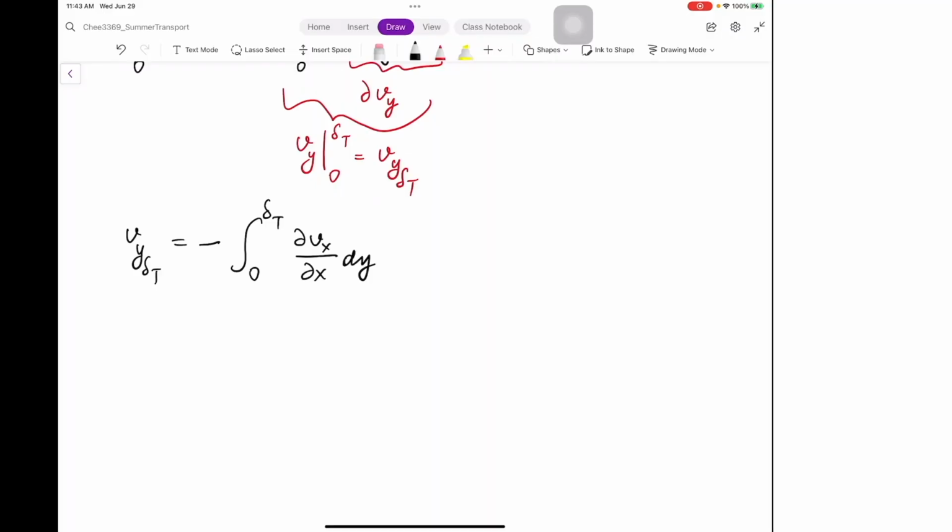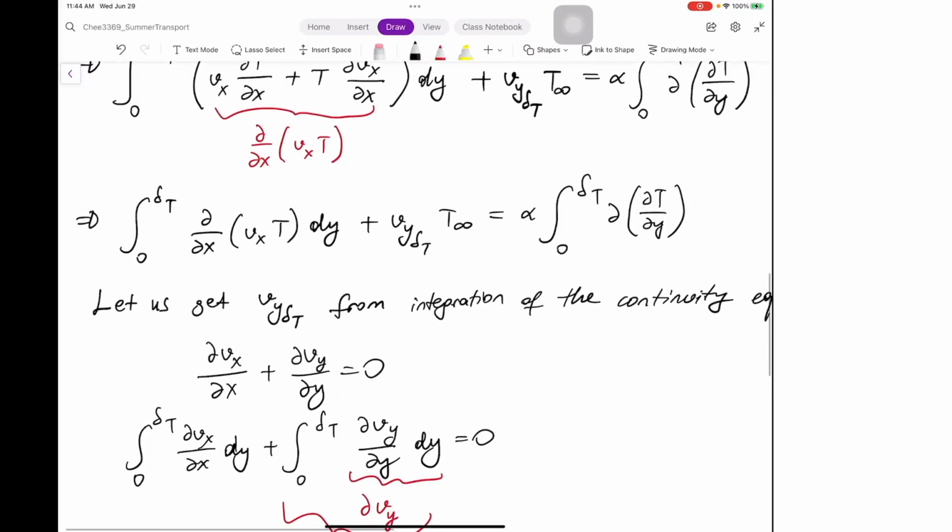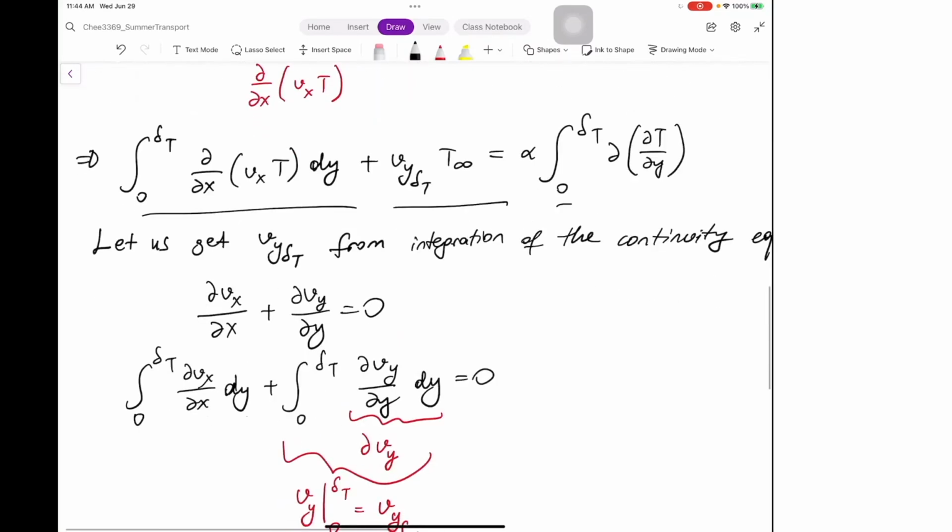So let's substitute this into the thermal energy equation, and we get the following. So we write down this, this, and this.